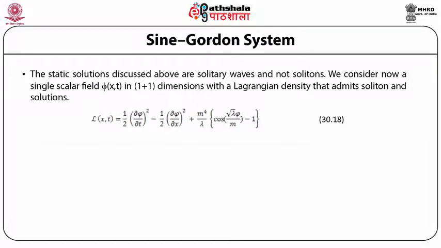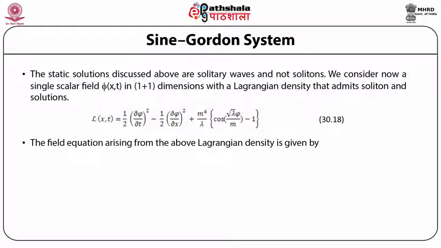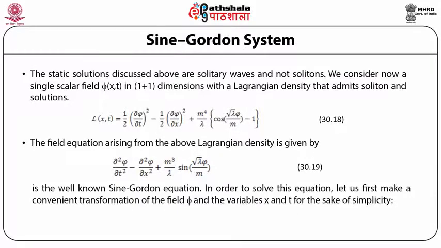The field equation arising from the above Lagrangian density is given by ∂²φ/∂t² − ∂²φ/∂x² + m³/√λ sin(√λ/m · φ) = 0, which is the well-known Sine-Gordon equation.